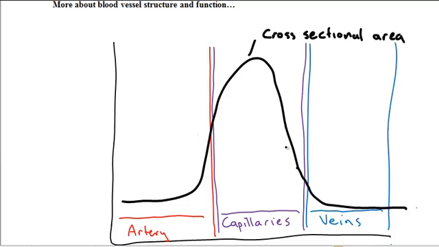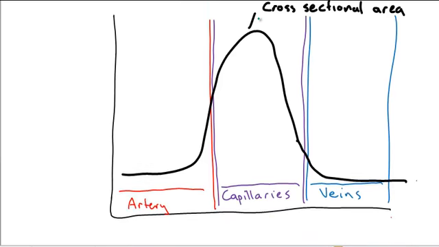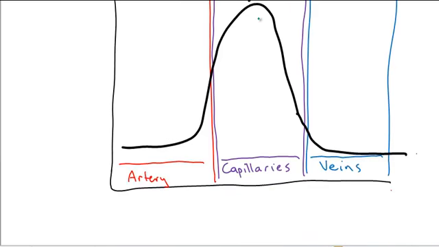Okay. So we're going to talk about, we'll go green for go, blood velocity. And when we start out close to the heart, going through this relatively low cross-sectional area, the blood velocity is moving pretty fast.